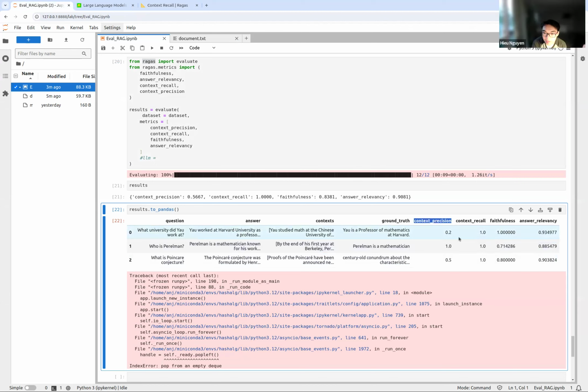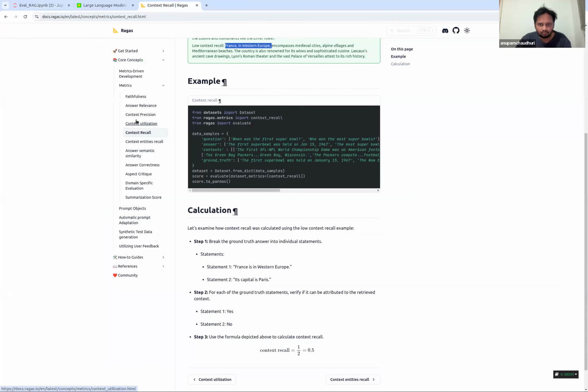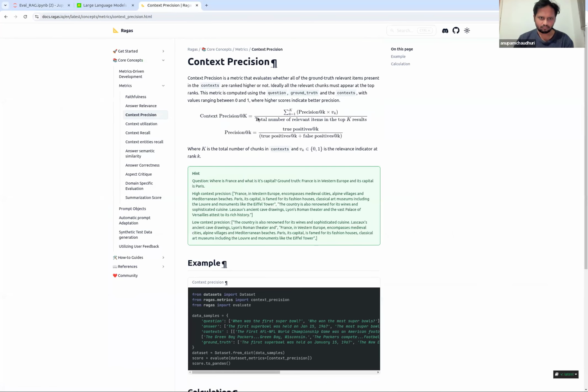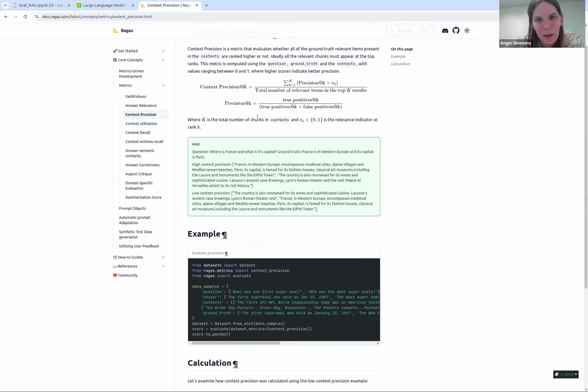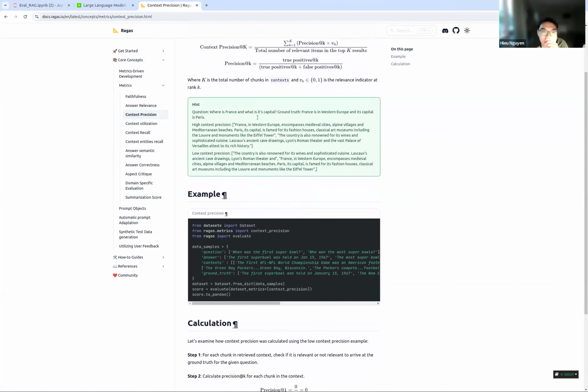Precision, though, is a little bit more interesting. For this one, even though we got high recall, we were getting low precision. So let's check the definition of that. Again, I think the examples help more than the formula here.